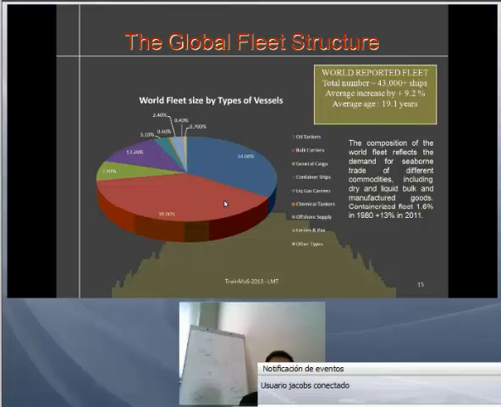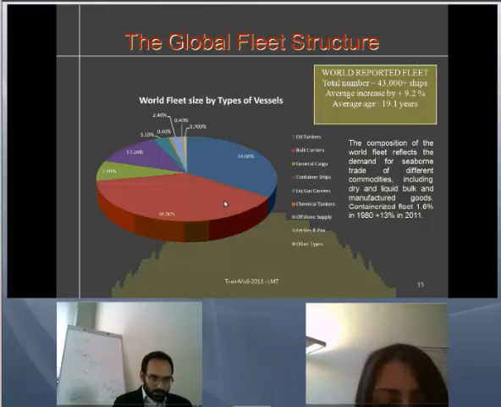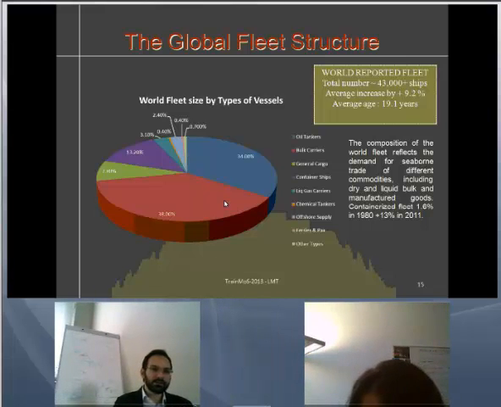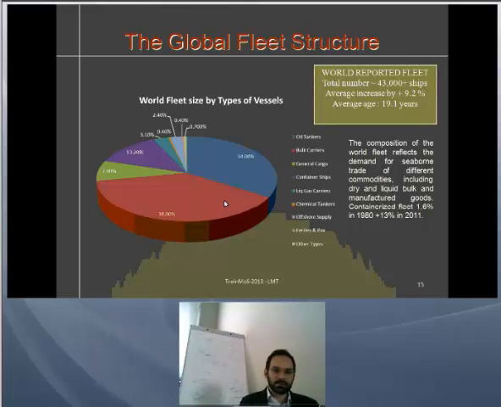It is evident from the graph that bulk carriers account for the biggest part of the world fleet, followed by oil tankers. These are the main bulk commodities transporters, and they are also driven by industrial processes.